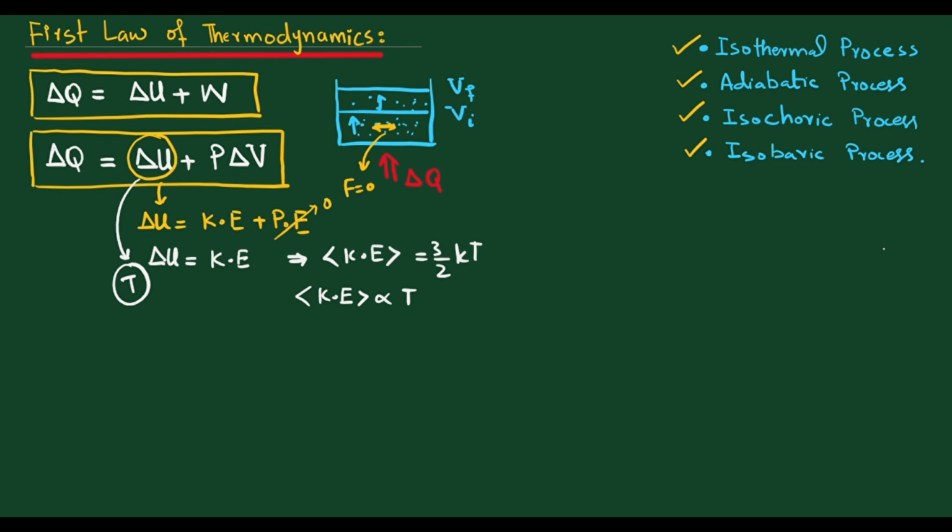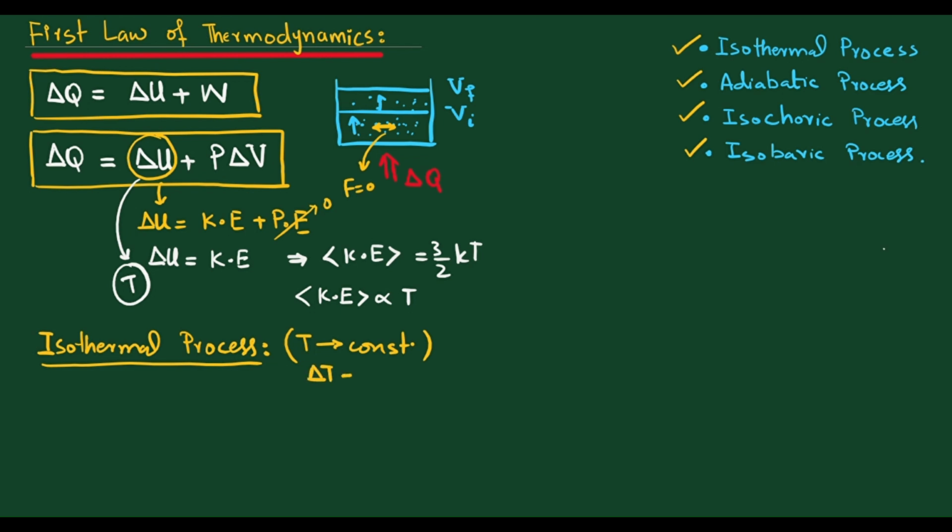Now we consider the isothermal process. For the isothermal process, the first law of thermodynamics will reduce to, as we know that the isothermal process is a process in which the temperature of the system remains constant. If temperature is constant, then change in temperature is zero.